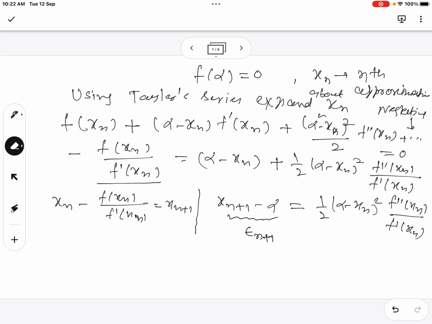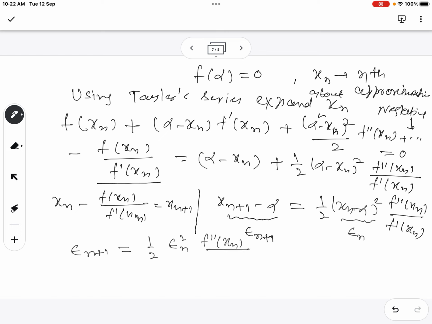This I can write down like this also, xn minus alpha, and this is nothing but error in nth approximation. So what I find out is that n plus 1th error is equal to square of error in nth approximation.